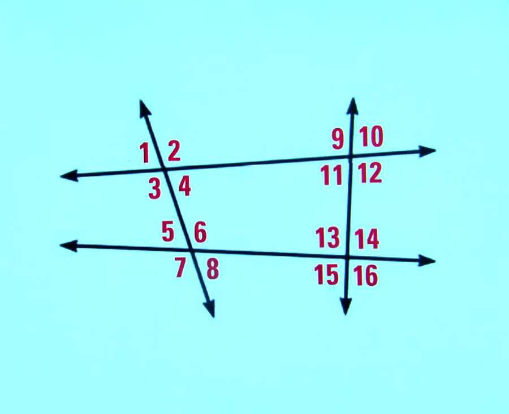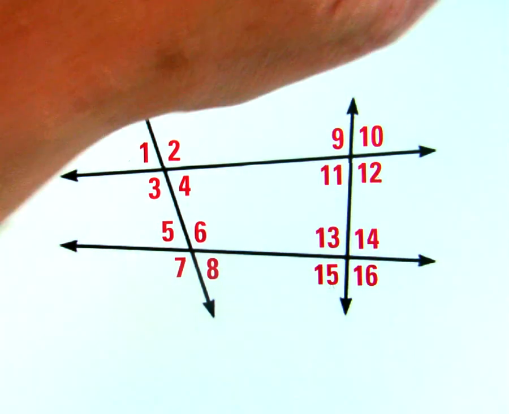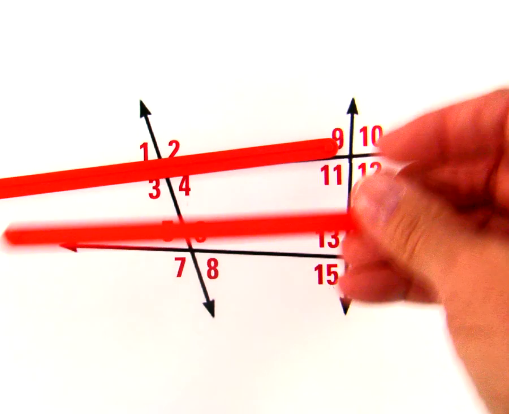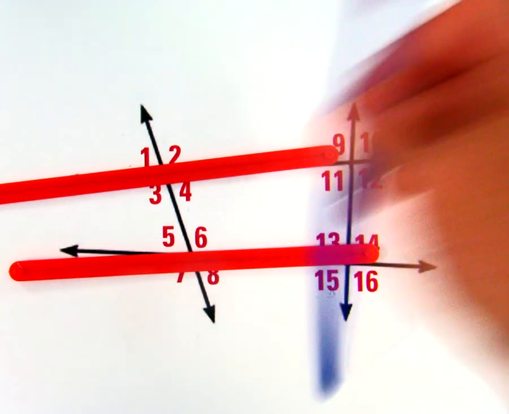But you notice now it's starting to get complicated. Now that it's getting complicated, you're going to have to not look at part of it. Say, for example, what you want to do is look at these two lines and this transversal.